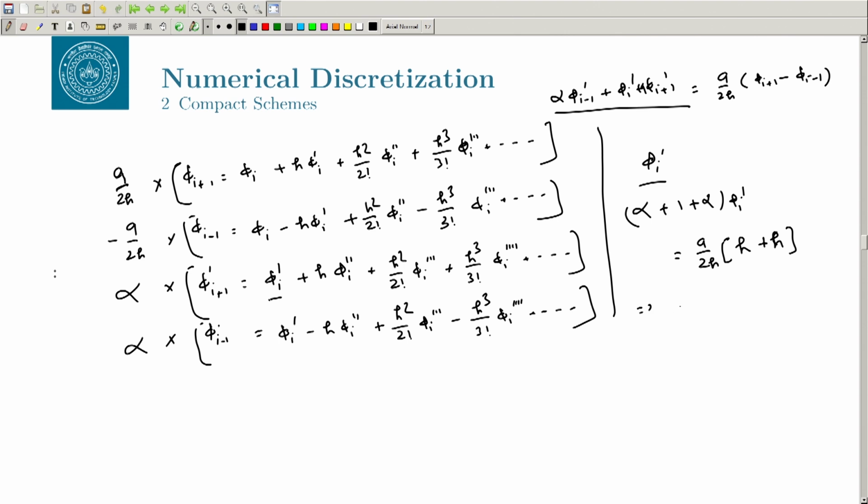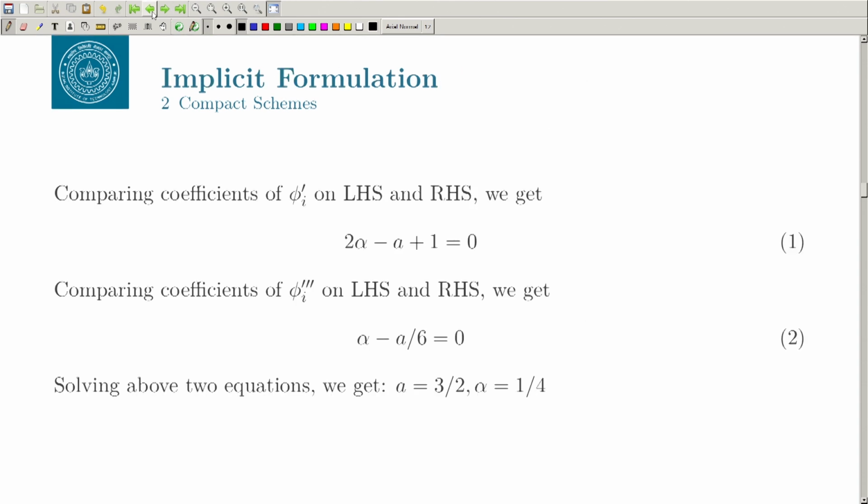So, this is phi I prime. So, 2 alpha plus 1 will become a by 2h 2h. So, this is your first equation which I have written here. So, 2 alpha plus 1 is equal to a.